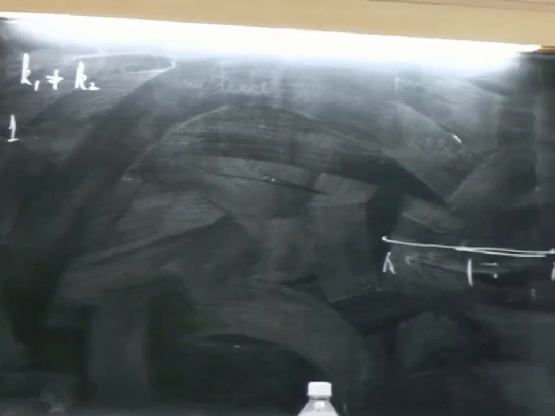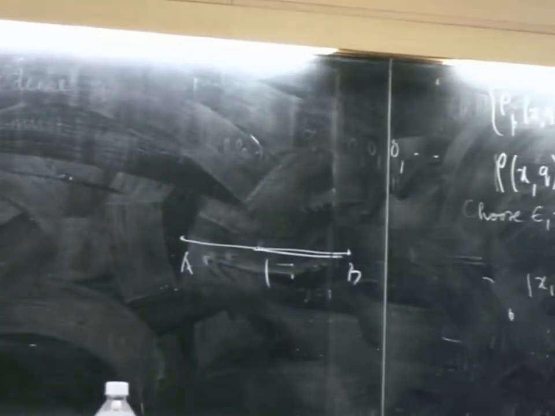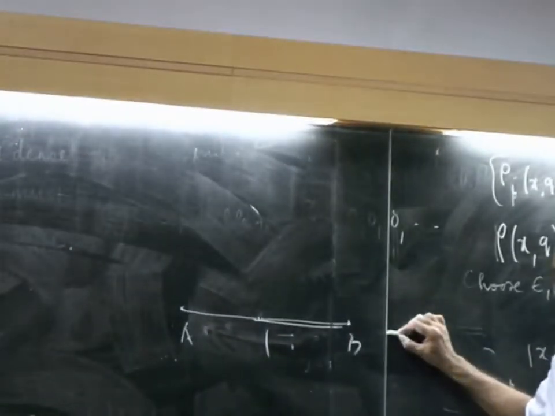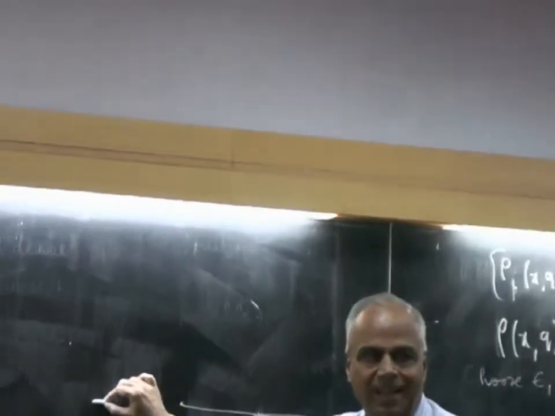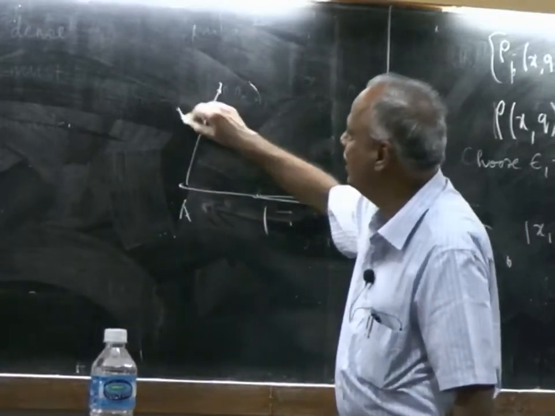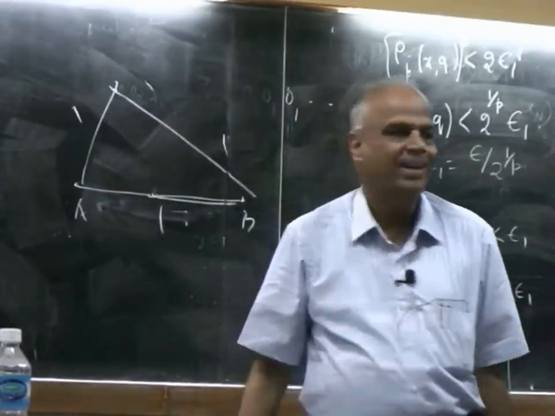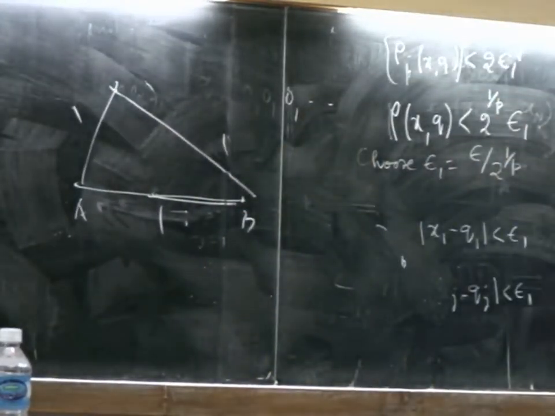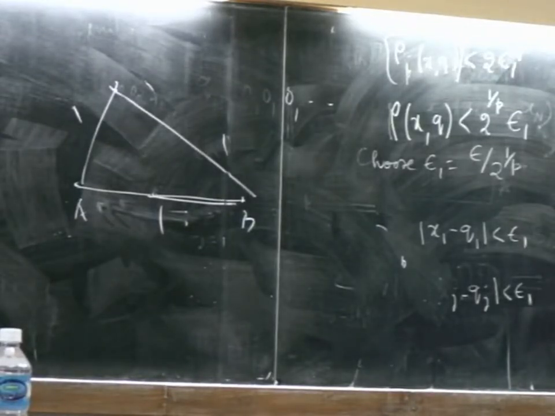But I am trying to locate the third point. If I put it here, it is gone. If I put it here, it's gone. If I put it here, what happens? This has to be 1 and that has to be 1. Is it possible? In a triangle, the sum of the lengths of any two sides must be greater than the third side.